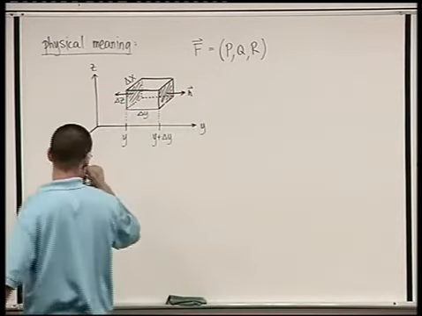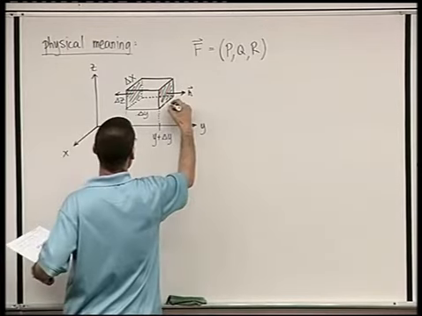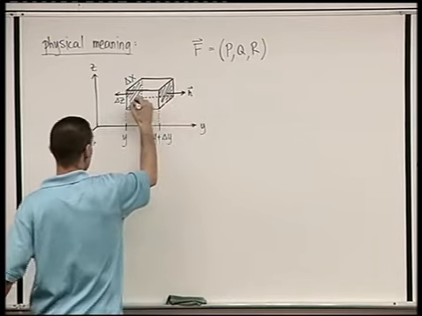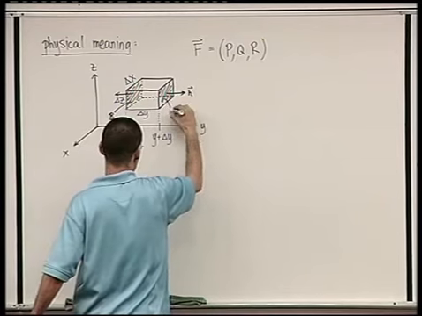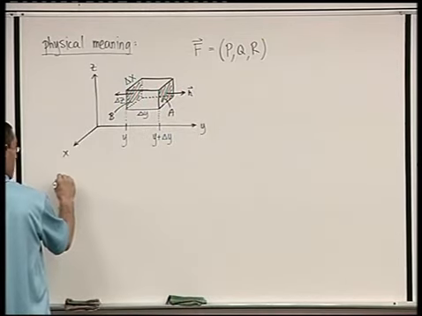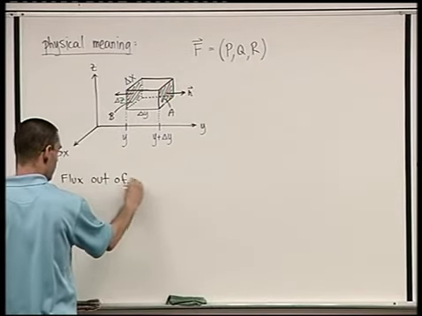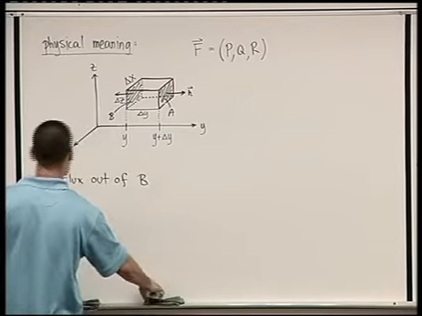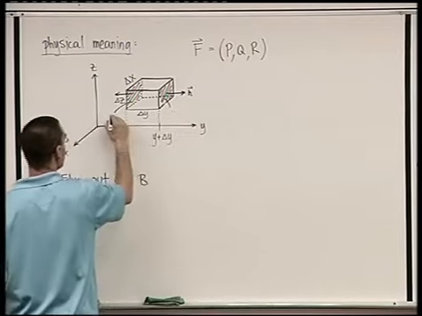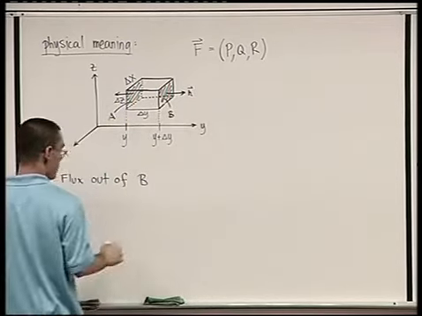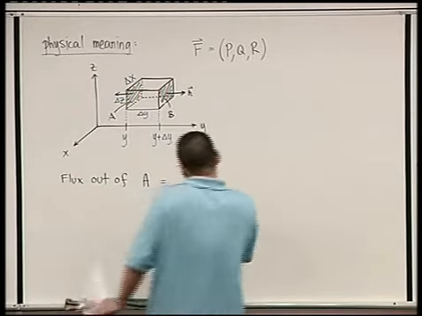Okay, so let's write it. Let's call this side B, and this side I'm going to call A. This is A and this is B. The flux out of A, again, we're thinking of a little tiny box.